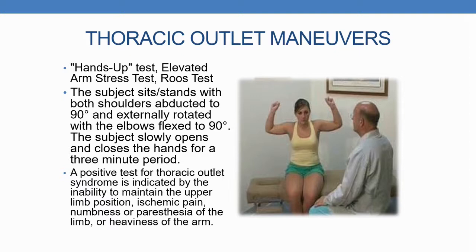And then the subject slowly opens and closes the hands for a 3-minute period. A positive test for thoracic outlet syndrome here is indicated by number 1, the inability to maintain the upper limb position, number 2, ischemic pain, number 3, numbness, paresthesia, and number 4, heaviness of the arm.